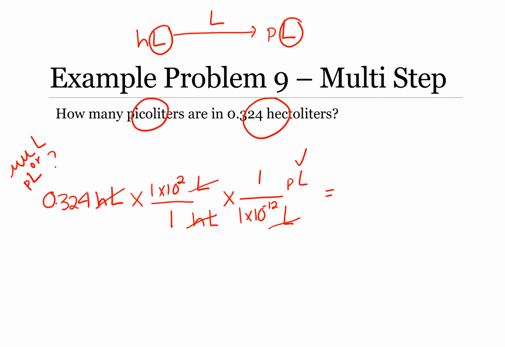And so now we're ready to put this into our calculator. So it's going to look like 0.324 times 1 times 10 to the second, so 1 e to the 2, divided by 1 times 10 to the minus 12, so 1 e to the minus 12.